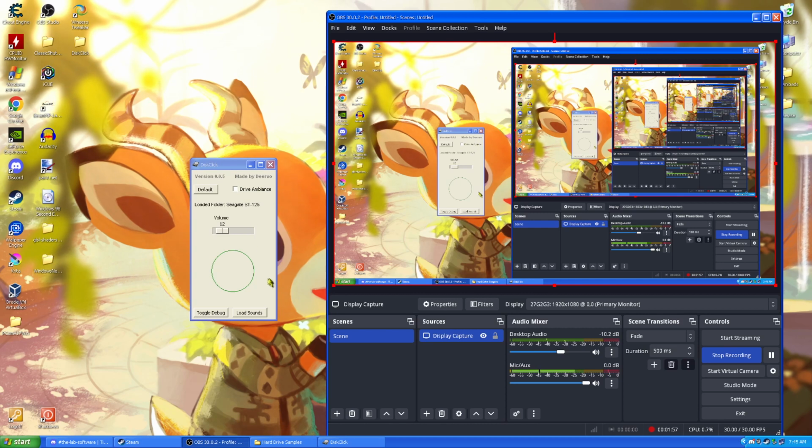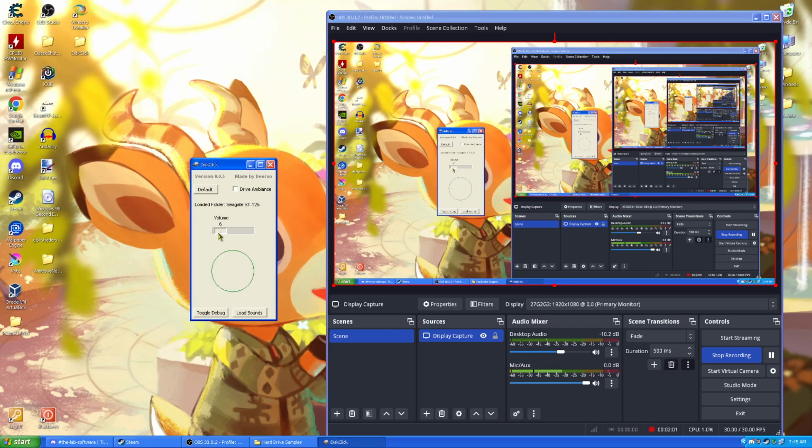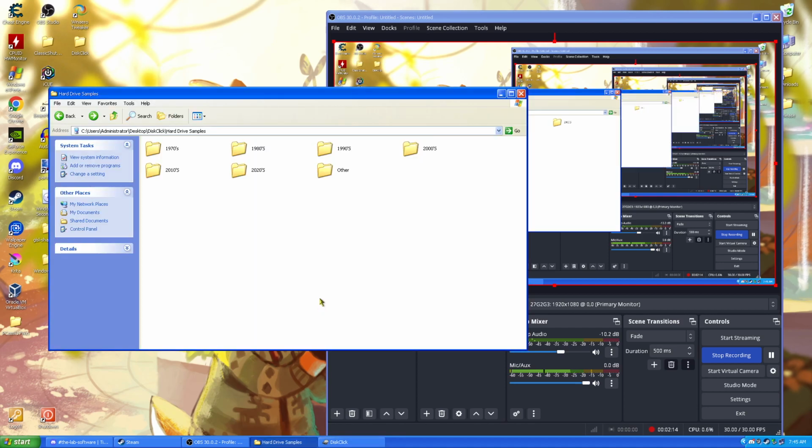But the biggest update I have made is that the program now can load multiple load samples. Before, it only would load a looping sound, or basically the drive ambiance, and then one load sound when there was disk activity. Now it can load an infinite number of load samples. For example, the default, which is basically just my testing hard drive, has 3 samples.